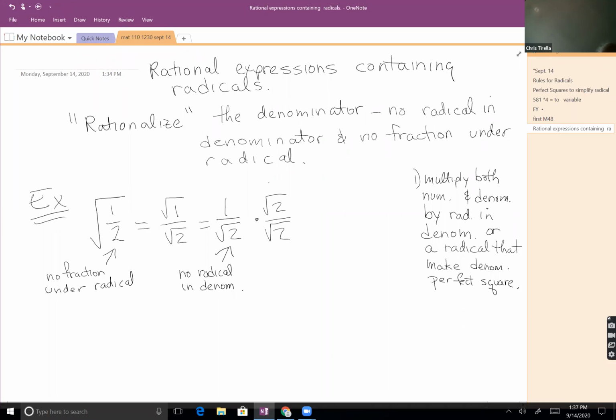When the numerator and denominator are the same, it's 1. So that gives me radical 2 over radical 2 times radical 2 would give me radical 4. And so now I'm going to simplify the denominator. And so that gives me radical 2 over 2. And so that would be my simplest form.